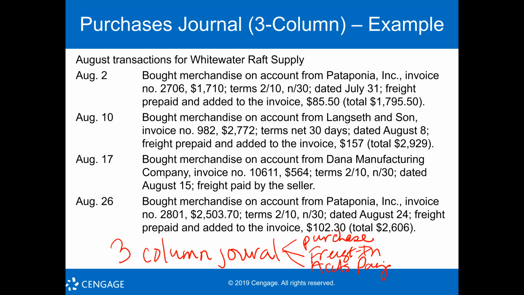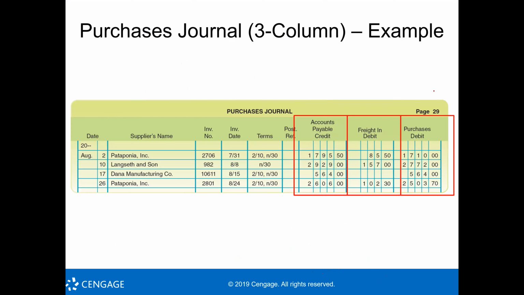So, you think about the purchase amount, this is our purchase amount. This is our freight in amount, and this is the accounts payable amount. Anyway, we'll see this on the next slide.